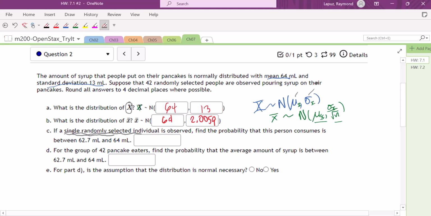And remember, for Google Sheets, when we're looking for the probability, which is the same thing as the area between two values, we have to subtract one from the other. I'll choose the bigger one first. One note here is that 64 is the same as the mean, so I know that the probability of being less than or bigger than 64 is going to be 1/2, but let's not worry too much about that right now.